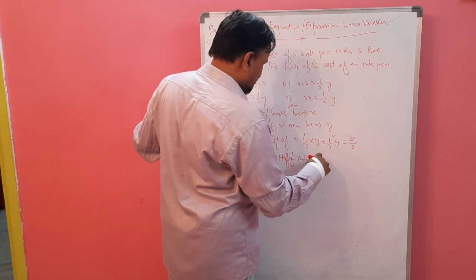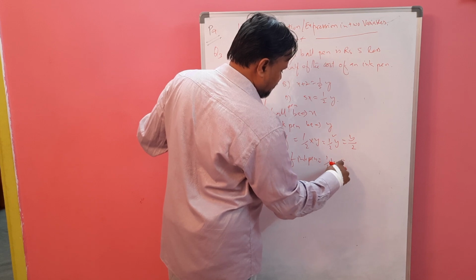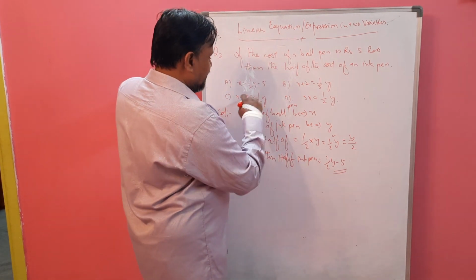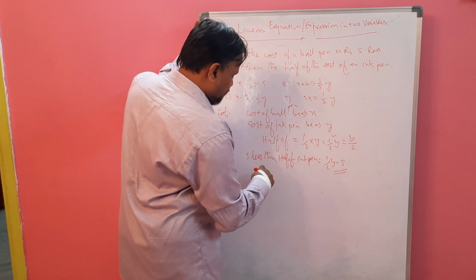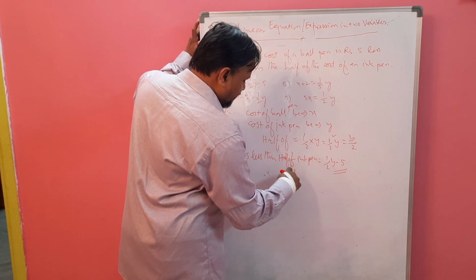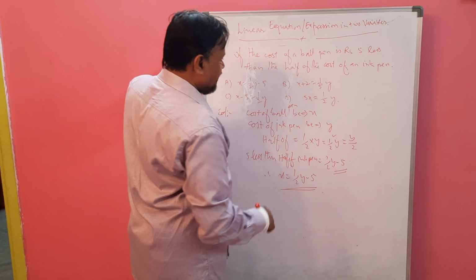This is nothing but half value minus 5. This is called 5 less than. This equals the cost of the ball pen. As per the condition, x equal to half y minus 5. This is our equation.